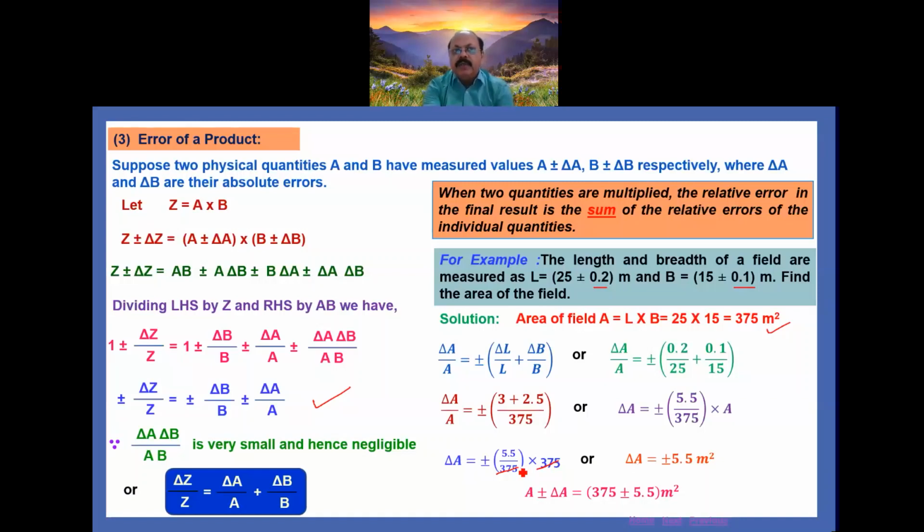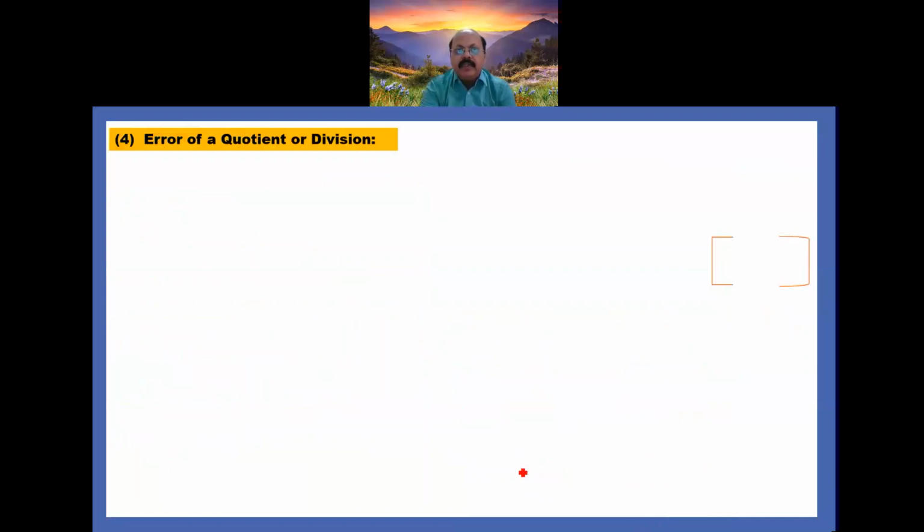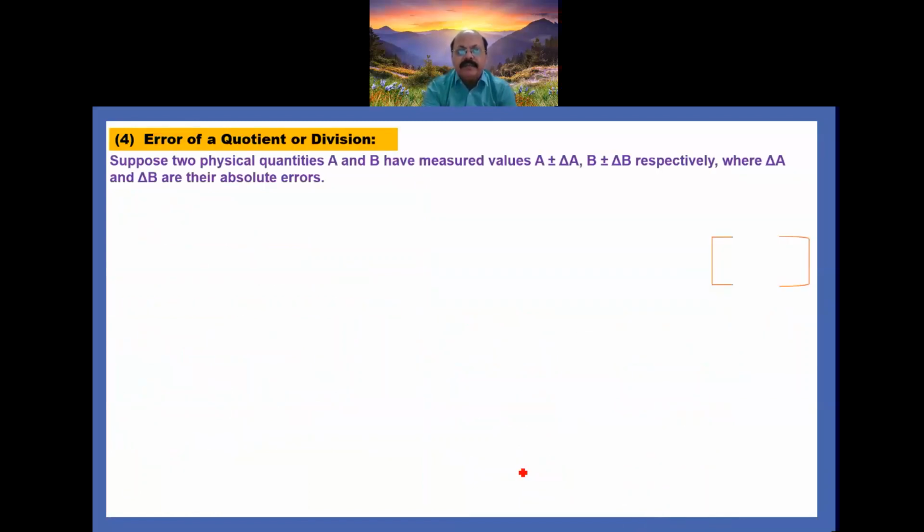So this is about the error of a product, how you can calculate it, and after that how you can write the final result. Similarly, we can also calculate the error of a division or the quotient. In the same way, we consider two physical quantities, say A and B, with measured values A plus minus delta A and B plus minus delta B respectively, where delta A and delta B are their absolute errors.